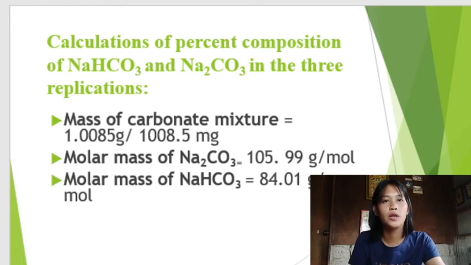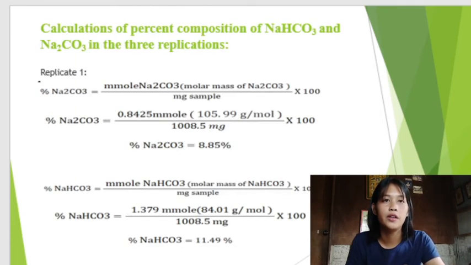In replicate 1, to get the percent composition of sodium carbonate, the millimoles of sodium carbonate will be multiplied by the molar mass of sodium carbonate, all over the milligrams of the sample, times 100. So we get the percent of sodium carbonate equal to 8.85%.